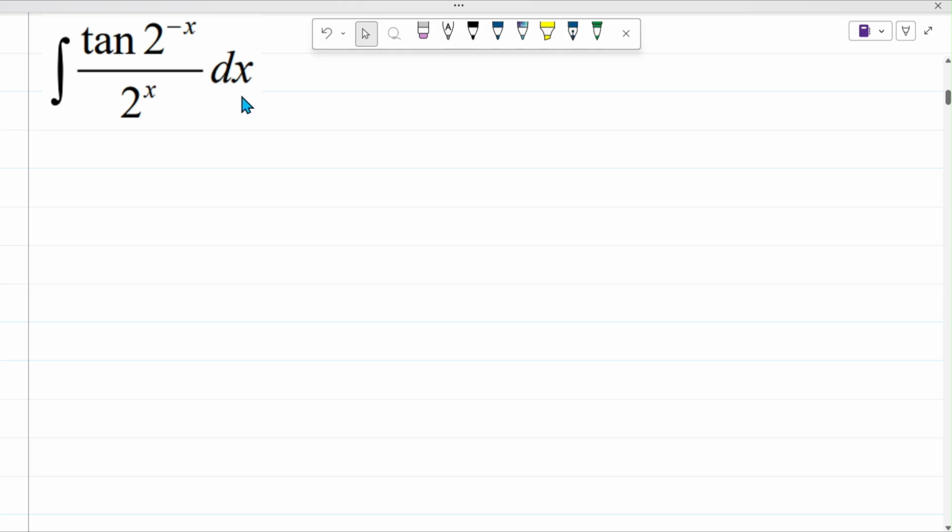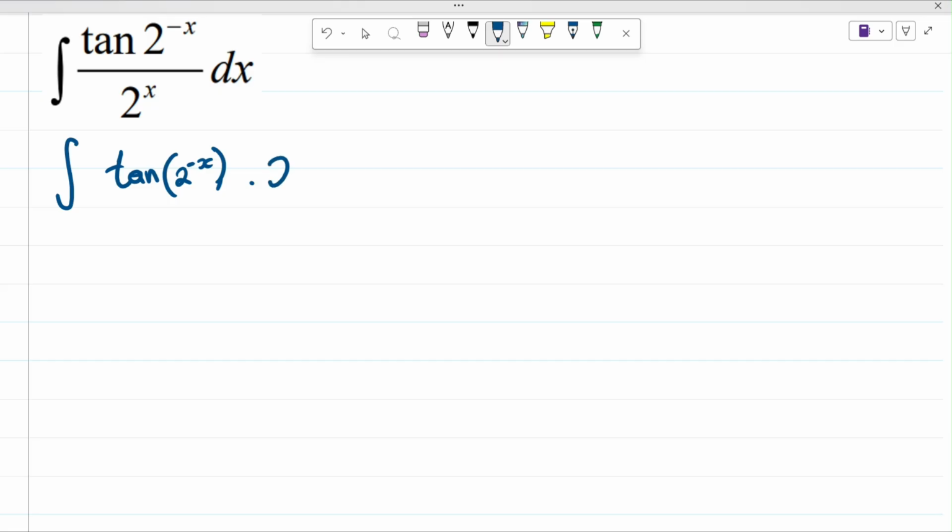We need to cook it before we can make use of any integration formulas there. So let's then rewrite this nicely before that. So tan of 2 to the power negative x, for us to be able to integrate this, let's take these 2 up.